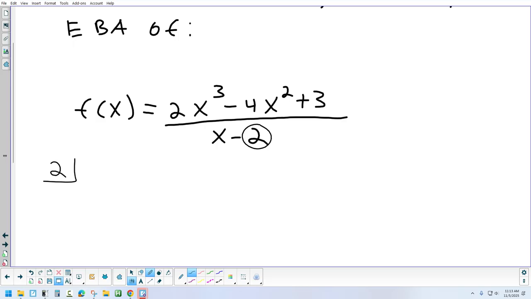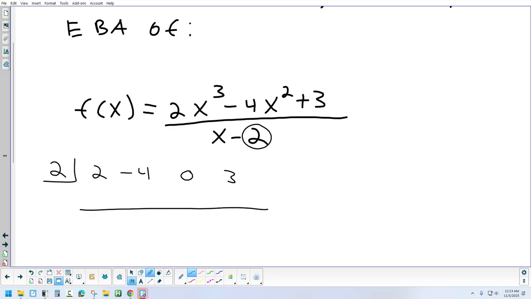And what about my numbers on the inside? Yep. 2, -4, 0, and 3. Don't forget the 0 because you're missing the x. You're missing the linear term. So 2, -4, 0, 3. Okay, so let's go through and let's do it. What's the first step when you do synthetic division?